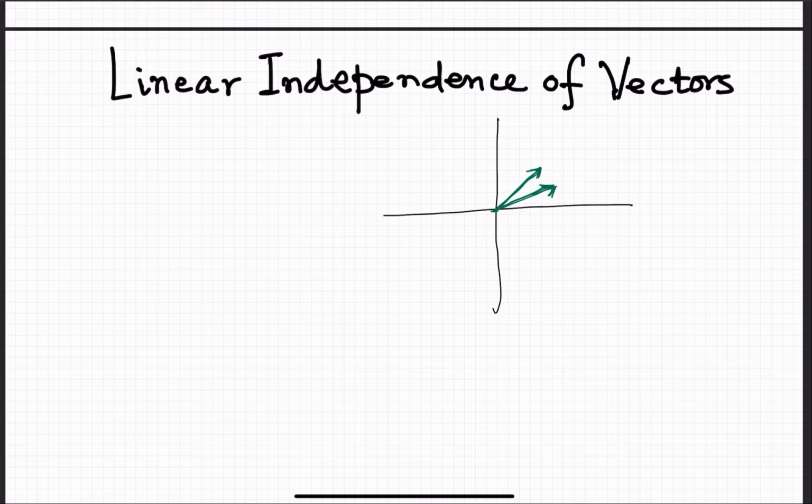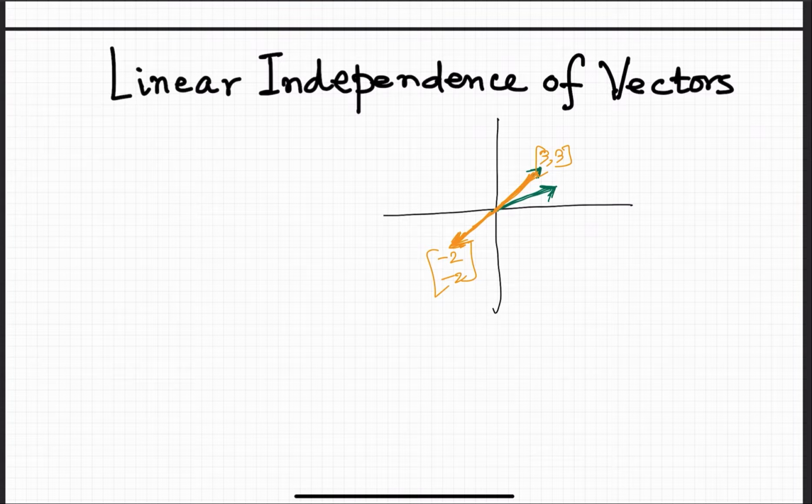But if this vector is -2 -2 and this vector is say 3 3, then these two vectors are not linearly independent, because one of these vectors is a scalar multiple of the other.